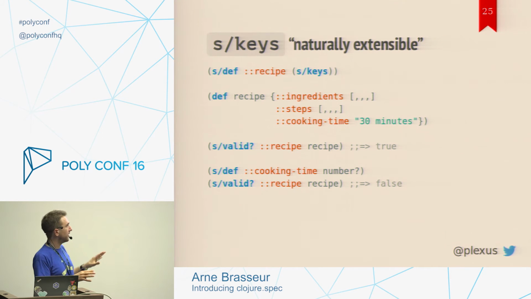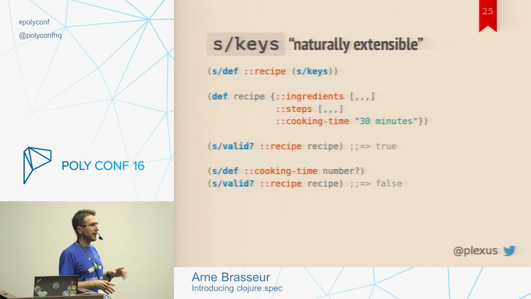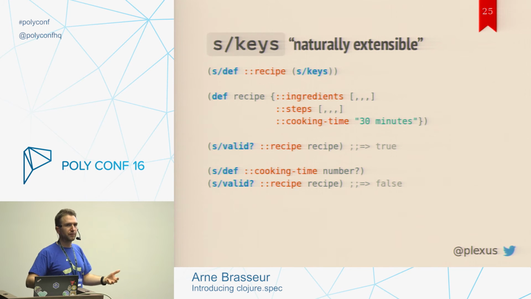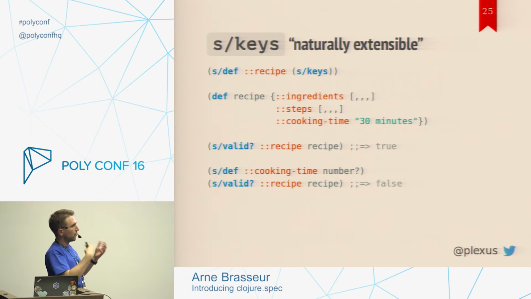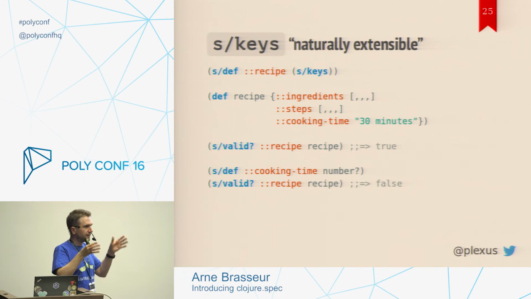In the first instance, our recipe is still a valid recipe because spec doesn't know anything about cooking time, and so it just ignores it. But once we register a spec for cooking time and say that cooking time needs to be a number, then s/keys, when validating, will also find that cooking time key, find the corresponding spec, and say that actually, cooking time always needs to be a number.